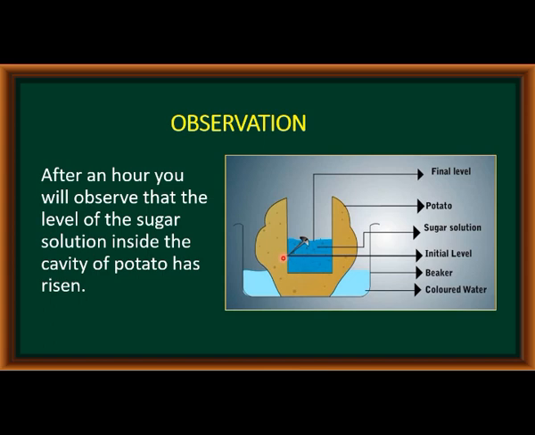This was the initial level of sugar solution. After an hour, the water moves into the potato cell and the level of sugar solution has risen up to this. So this is the final level of sugar solution.